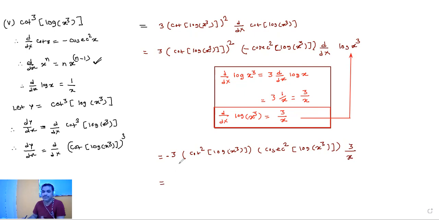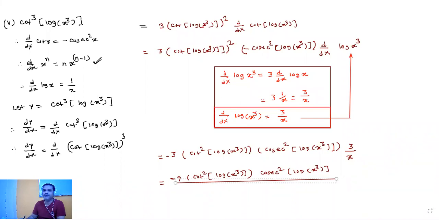The final answer now we can certainly say minus 3 by 3 is minus 9 and then cot square log of x cube, and then cosec square log of x cube, and that would be further divided by x.